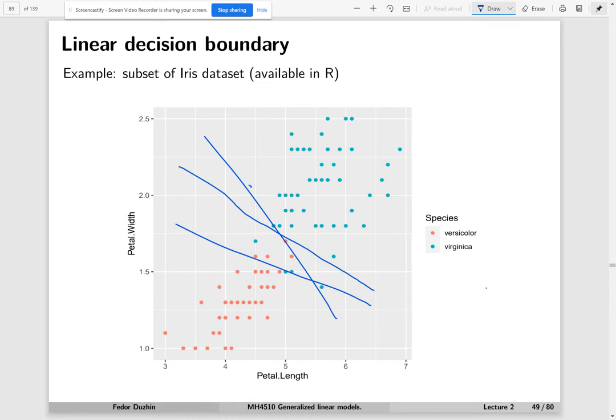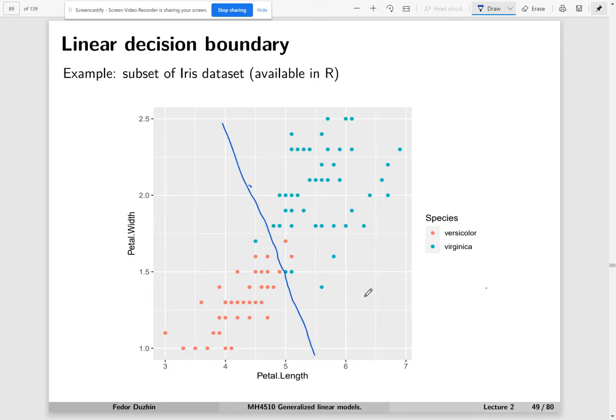It is quite clear that it is impossible to separate these two classes perfectly, but I guess it should be possible to separate them almost perfectly, so that there are just 3 misclassified. On the left, this is misclassified, and on the right, these 2 are misclassified.